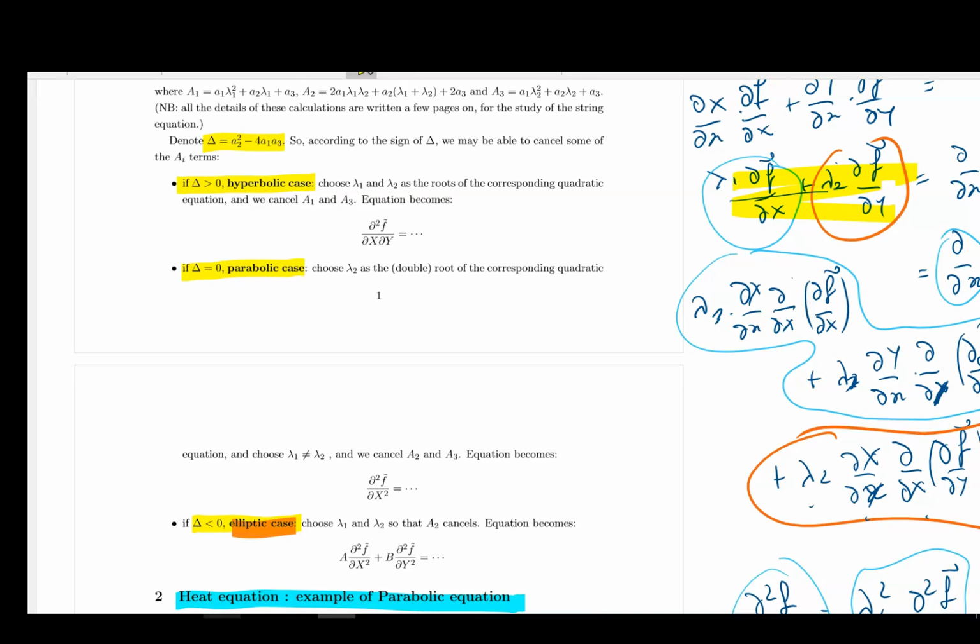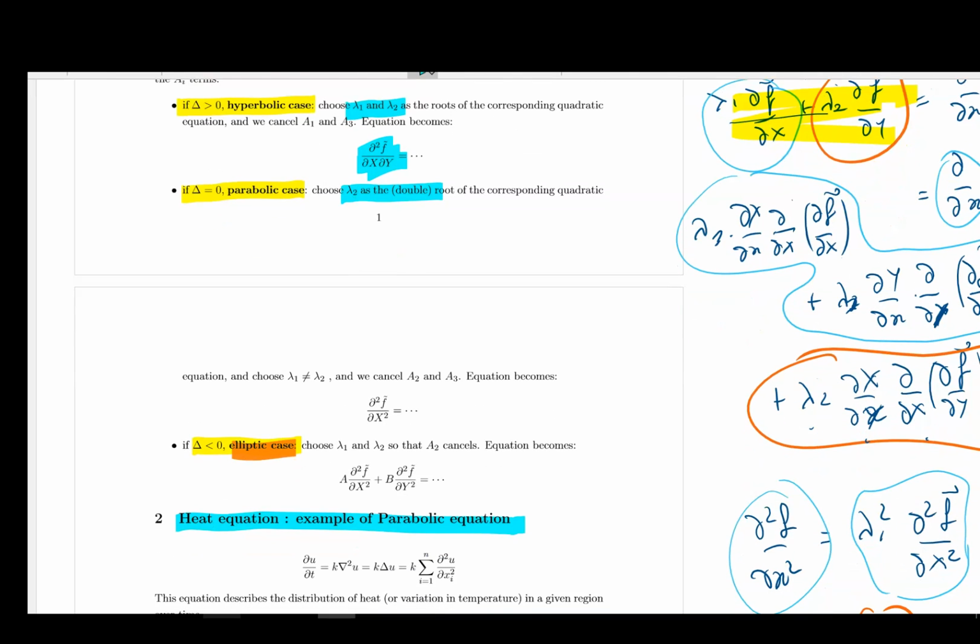Okay, so if your delta is greater than 0, let's go over this very quickly. You can choose lambda 1 and lambda 2 as the roots of the corresponding quadratic equation, and with your new variable, your equation has become this one. Your second order term has become that one. If delta is equal to 0, then you have double roots.